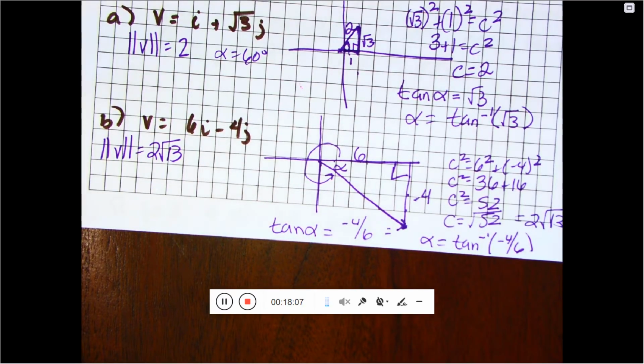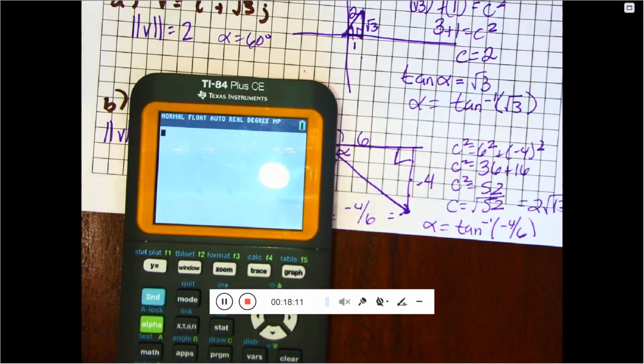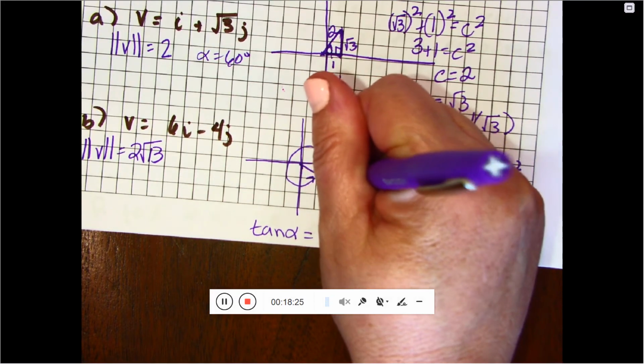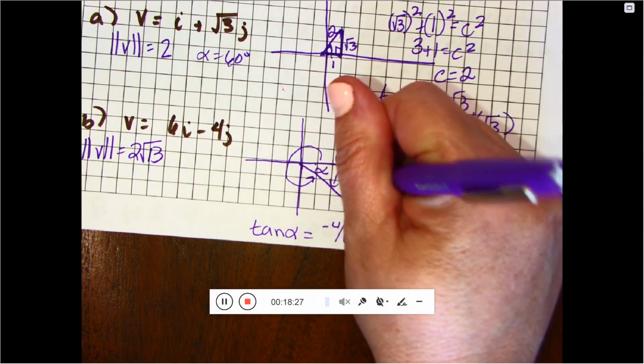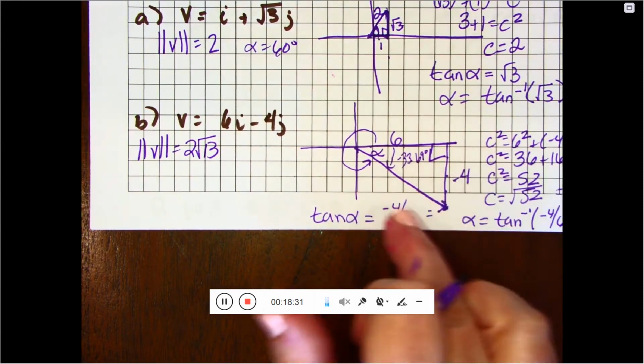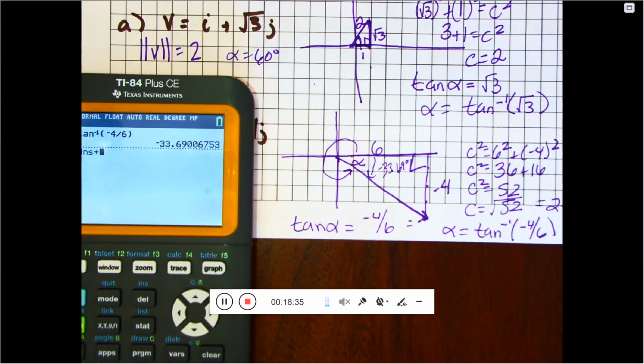Okay, so this one's going to get a little tricky on us. So second tangent, -4/6, and the negative is very important. So it's -33.69 degrees, which is this angle right here, -33.69 degrees. Okay, but we want that angle from the positive x-axis, so what we have to do is add 360 to that.